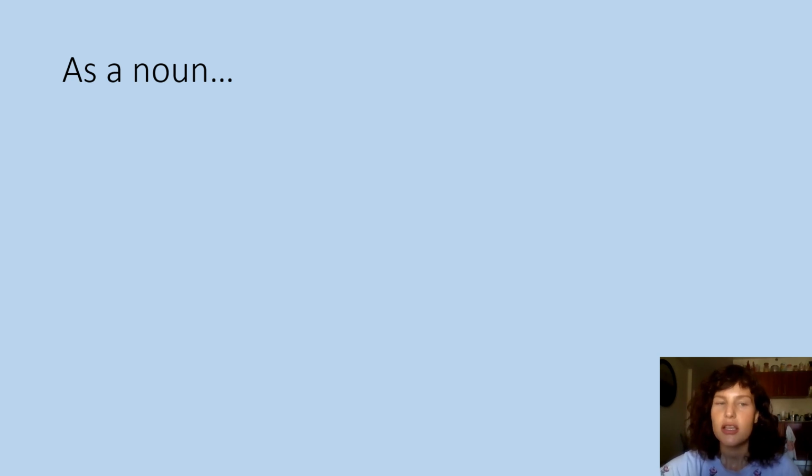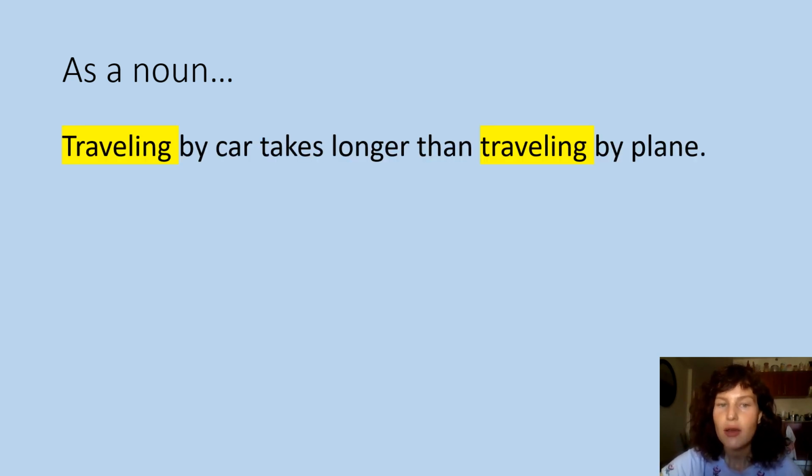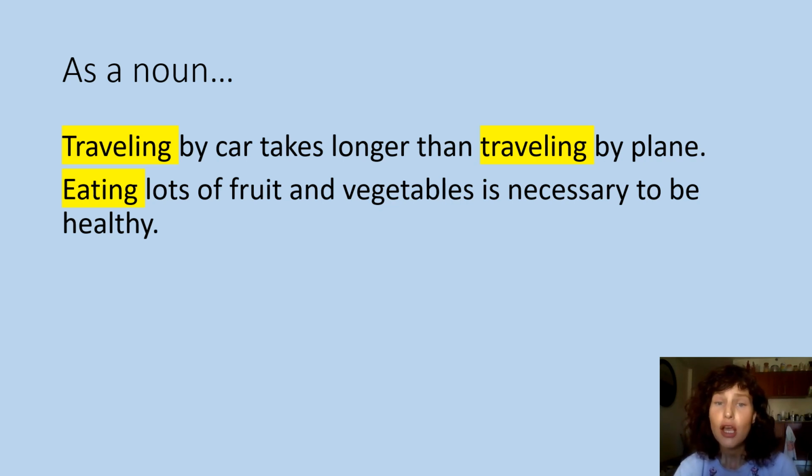Here are some examples of using the gerund as a noun. Traveling by car takes longer than traveling by plane. Here traveling is the subject of the sentence, and it's also the object. I want to talk about the idea of this action. Eating lots of fruits and vegetables is necessary to be healthy. If I ask you what's the subject of the sentence, the subject is eating lots of fruits and vegetables.